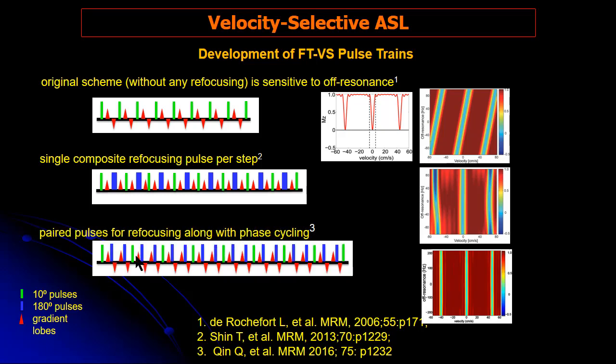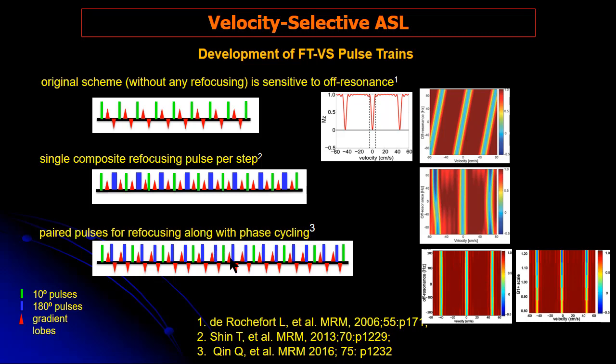Our group added paired refocusing pulses, and also phase cycling, which can much further improve the velocity-selective profiles up to ±200 Hertz, which enabled us to do applications at 3T in the brain.